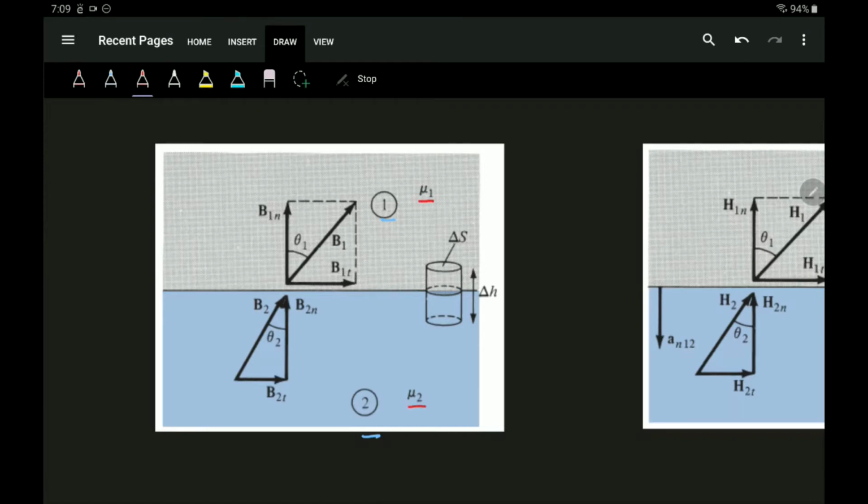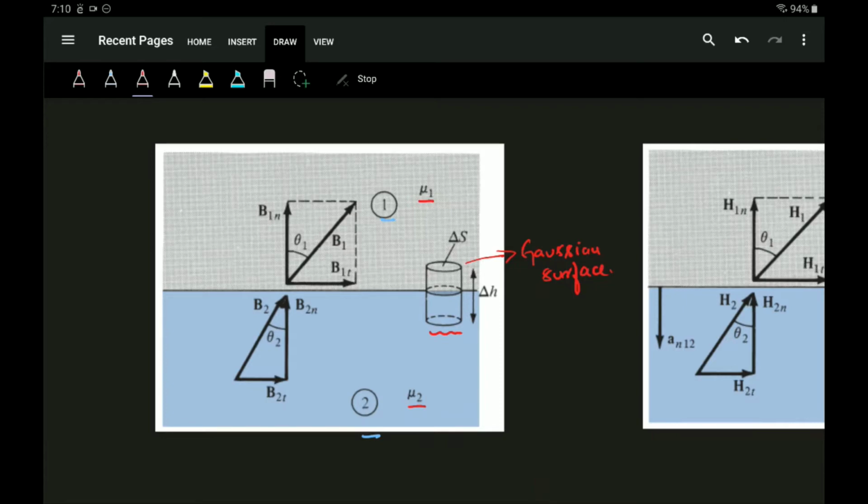When I apply Gauss law of magnetics, as we did in electrostatics, I consider a closed surface, a Gaussian surface. I take an enclosed surface, which they call a pillbox.